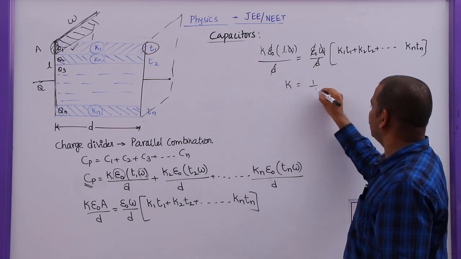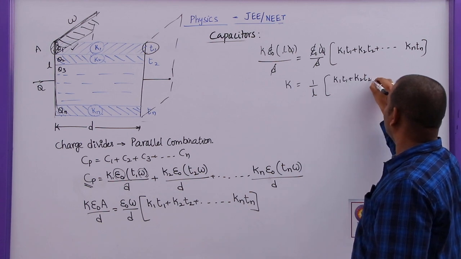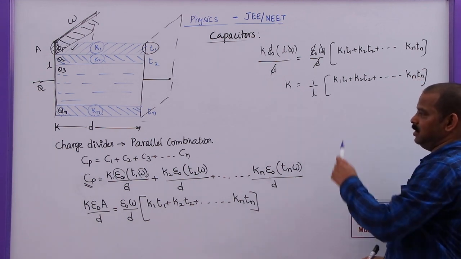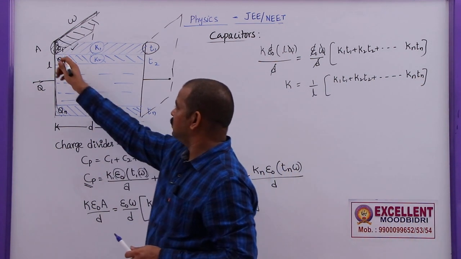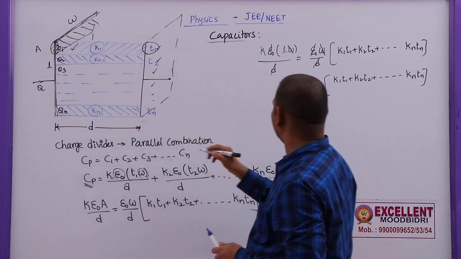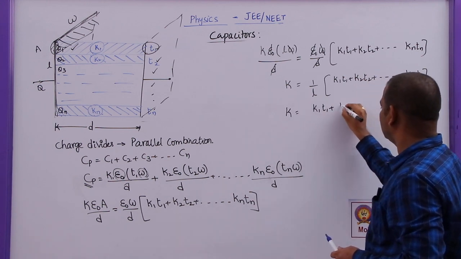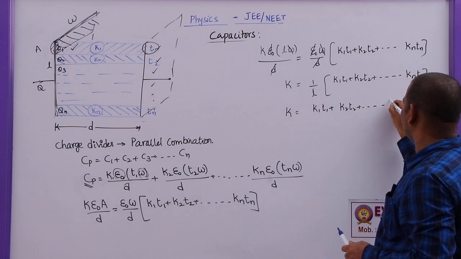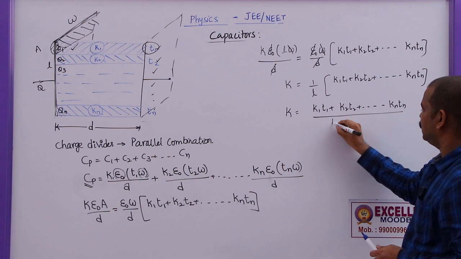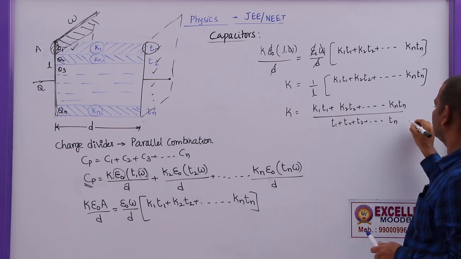So, K is given by 1 by L into K1 T1 plus K2 T2 and so on, Kn Tn. But what is this length? You observe this diagram. This length is nothing but T1 plus T2 plus T3 and so on, Tn. So, K can be written as K1 T1 plus K2 T2 plus Kn Tn divided by T1 plus T2 plus T3 and so on, Tn.